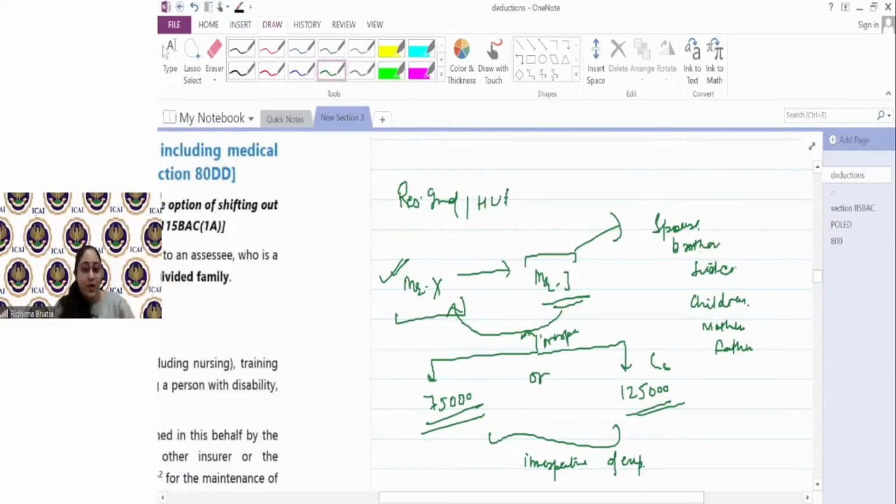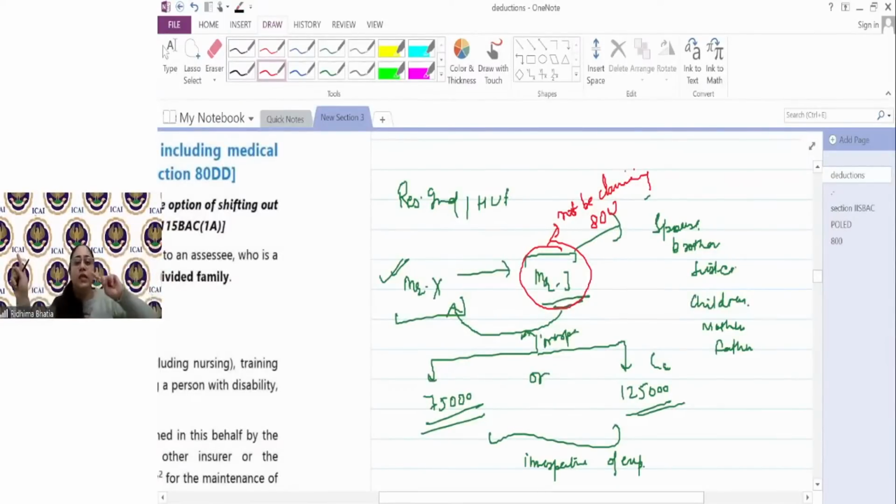And also one thing, the relative can be this person. Also very, very important, why I did 80U before this: Mr. J in his return should not be claiming the 80U deduction. It should not happen that the dependent disabled is also claiming 80U and the person who's maintaining the dependent disabled is claiming 80DD.